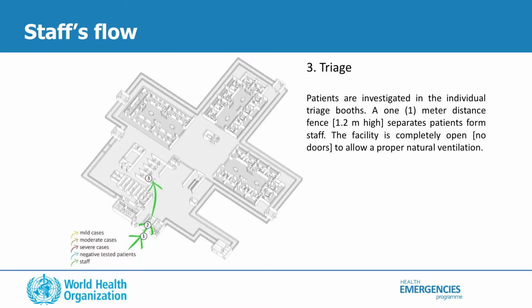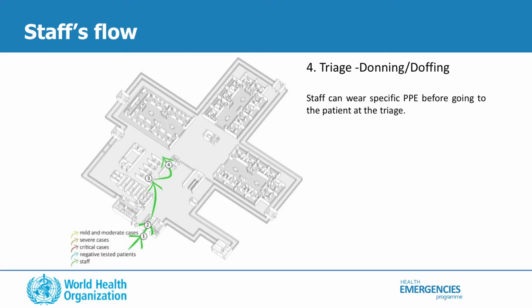Third, triage. Staff would check on patients in the individual triage booth. A 1 meter distance fence of 1.2 meter high separates patients from staff. The facility is completely open, so no doors, to allow a proper natural ventilation. Number 4 is a triage donning and doffing place.